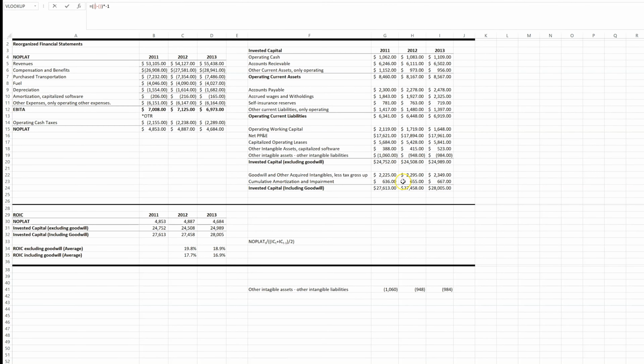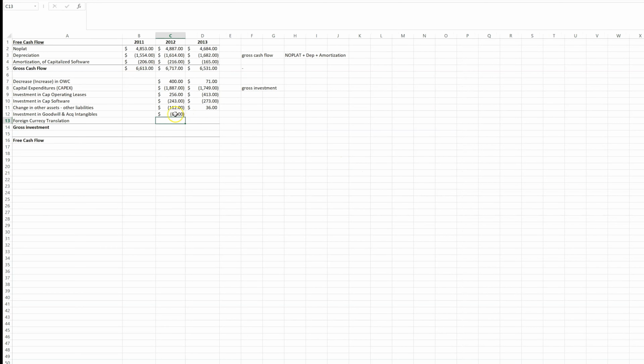So here is goodwill for 2012 plus acquired intangibles for 2012. I just condensed this into one just to save time. Okay, so I do make some additional investment here.